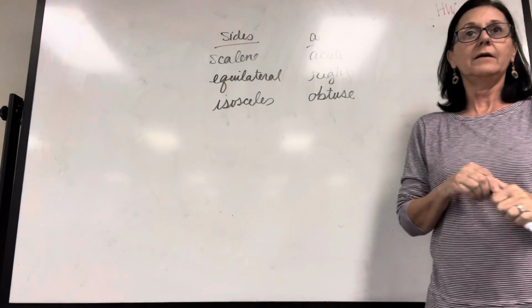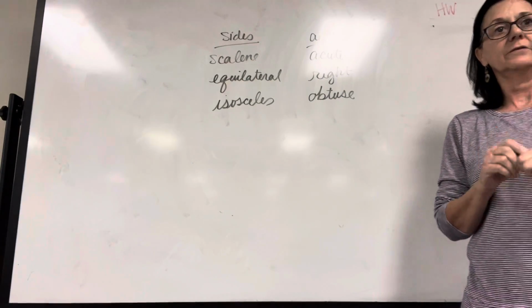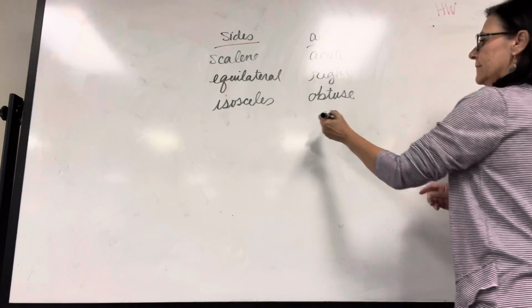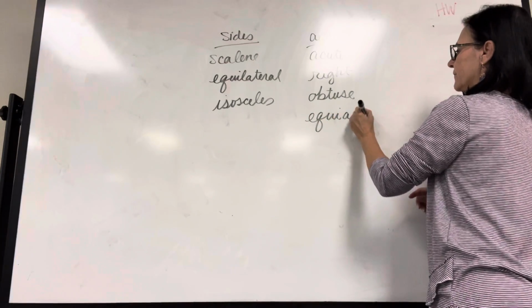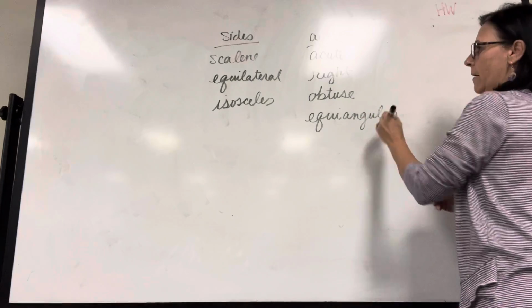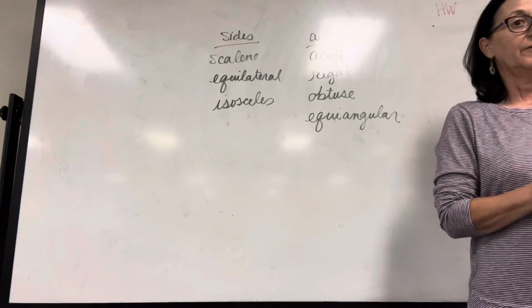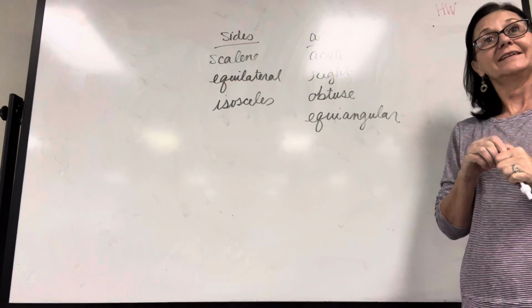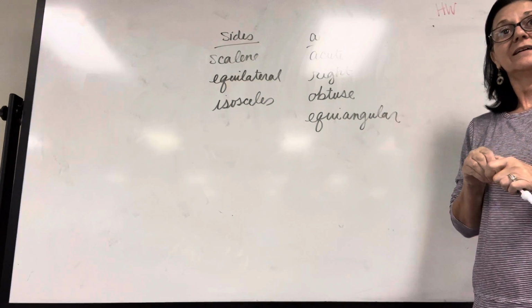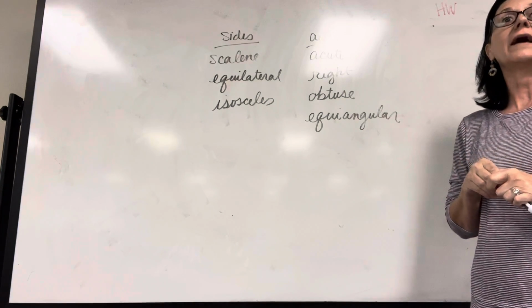There is one more. What is it, Christopher? Equiangular. That is correct. What is true about that? All angles are equal. A triangle can't have more than one obtuse angle, right? Correct.